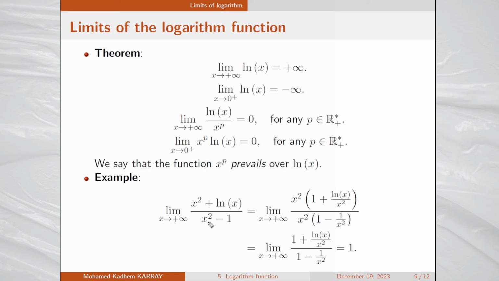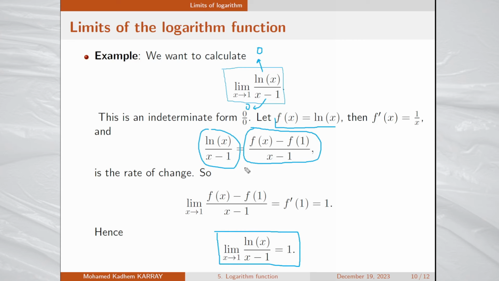Since f of 1 equals 0, we can add it here. So the limit of this rate of change, by definition of the derivative, equals f prime of 1. So it equals 1 over 1, which gives 1. Hence, the limit of the logarithm of x divided by x minus 1 when x goes to 1 equals 1. So you see here an application of the definition of the derivative to calculate limits. Keep in mind this technique, it is very useful in many cases.